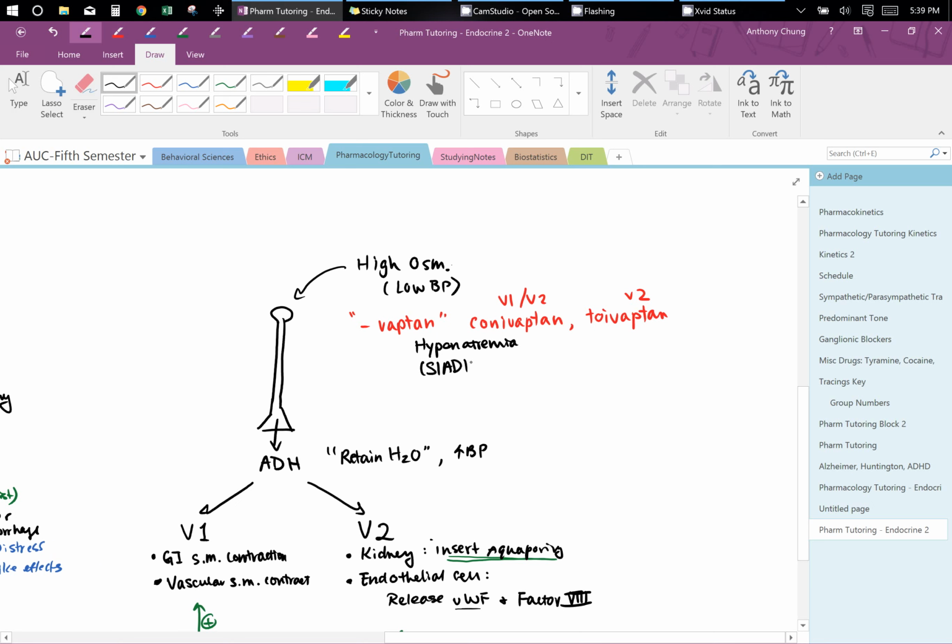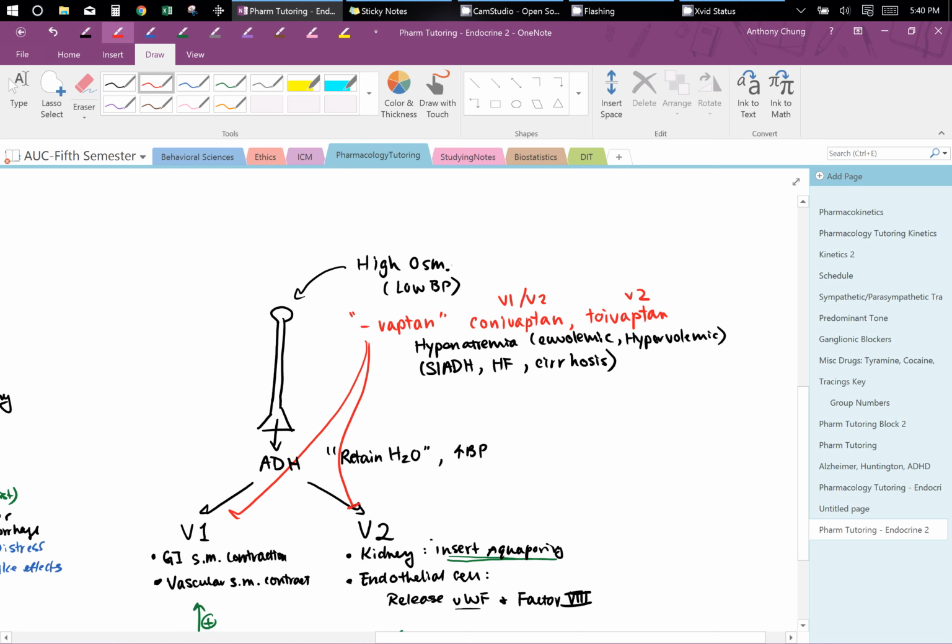You're just making a lot of ADH, or if you have heart failure, or if you have cirrhosis, that can give you a similar type of presentation. So you want to use it for same volume or too much volume. Okay, and then this will block both of these.